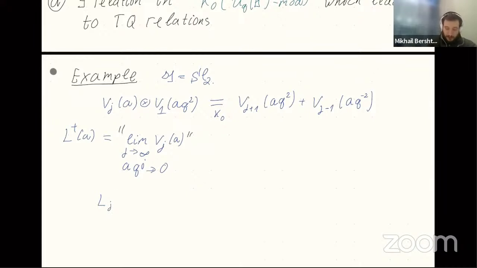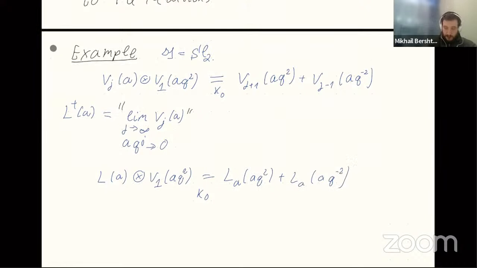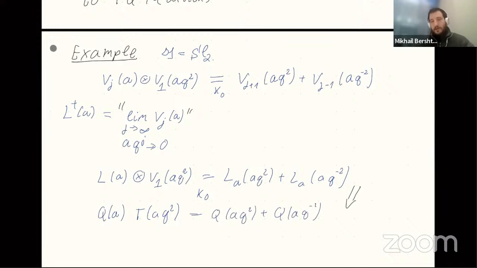We take L of A, multiply by L of A q squared, and this will be equal in K0 to L of A q squared plus L of A q inverse. And then this leads us to the relation Q of u, T of u, Q of u squared, and this is the TQ relation from which I started.